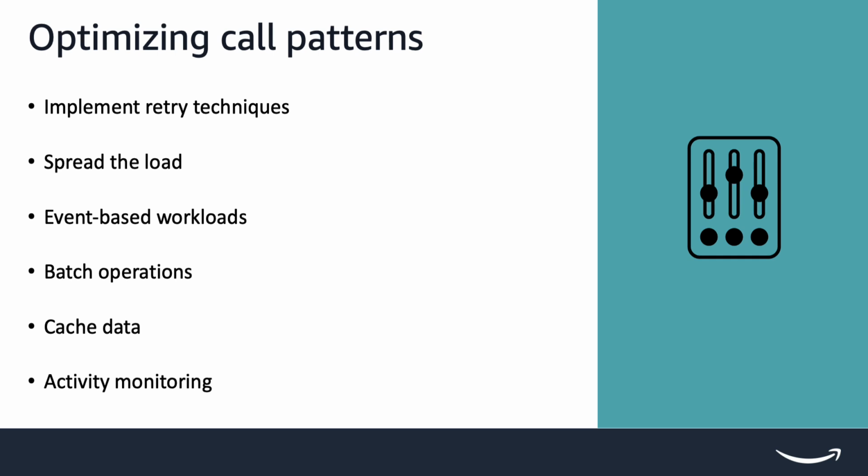Additionally, relying on batch operations when available is a great way to reduce the number of requests. Batch operations return data in bulk, as opposed to one-on-one requests which could quickly deplete the throughput. You can also identify frequently used data and cache it accordingly. It is recommended to monitor activity and traffic in order to identify and reduce redundant or unnecessary calls.